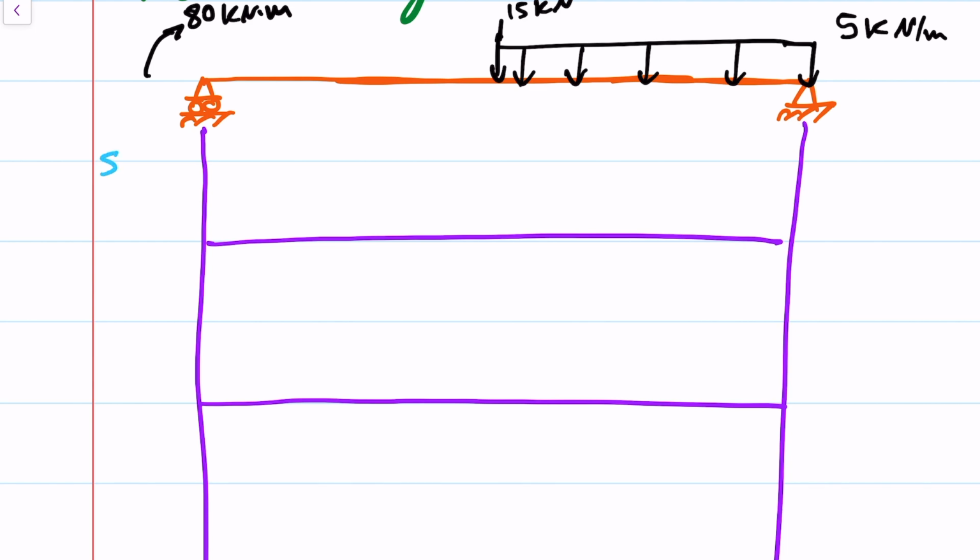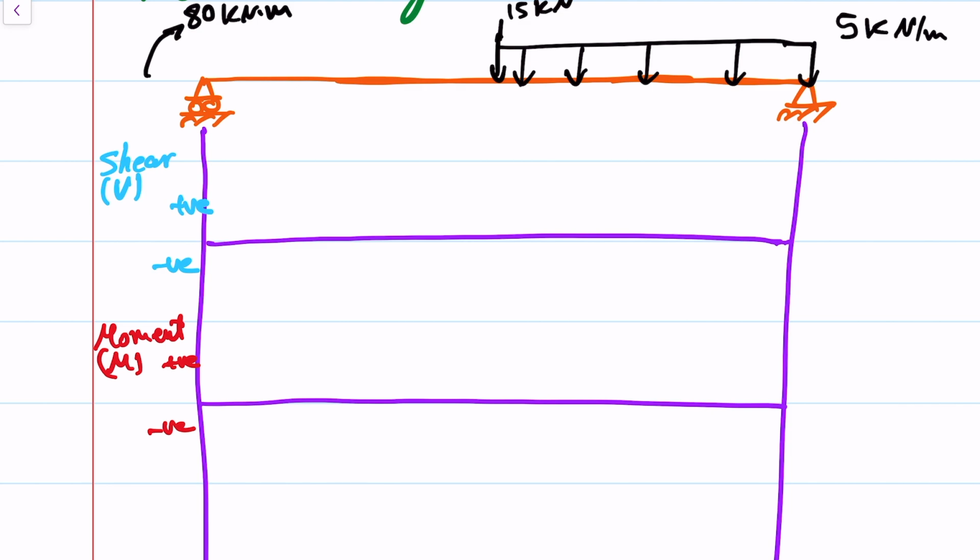This is for shear, V, positive, negative, and this is for the moment, M, positive, negative. Okay, let's get the equations for shear and moment.